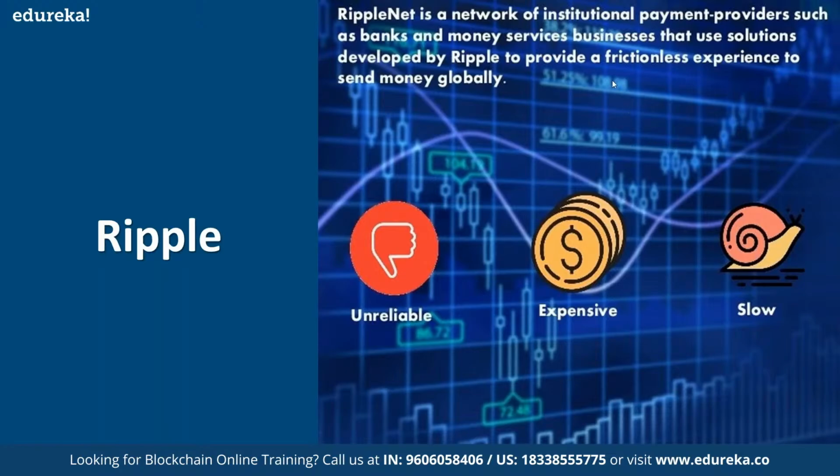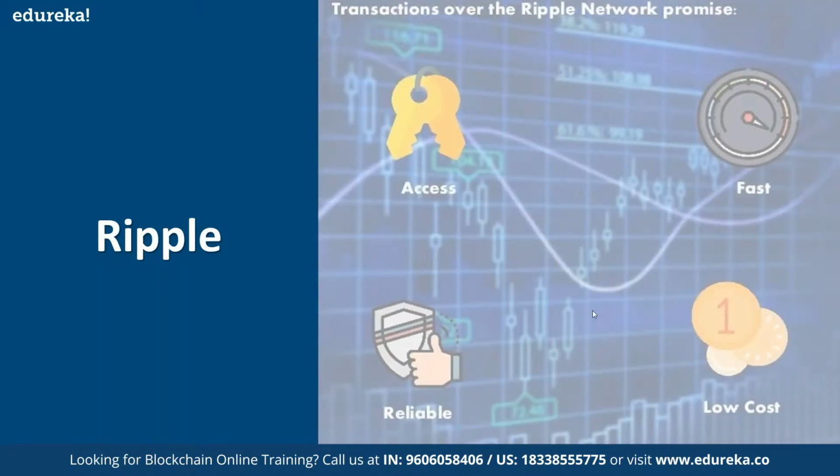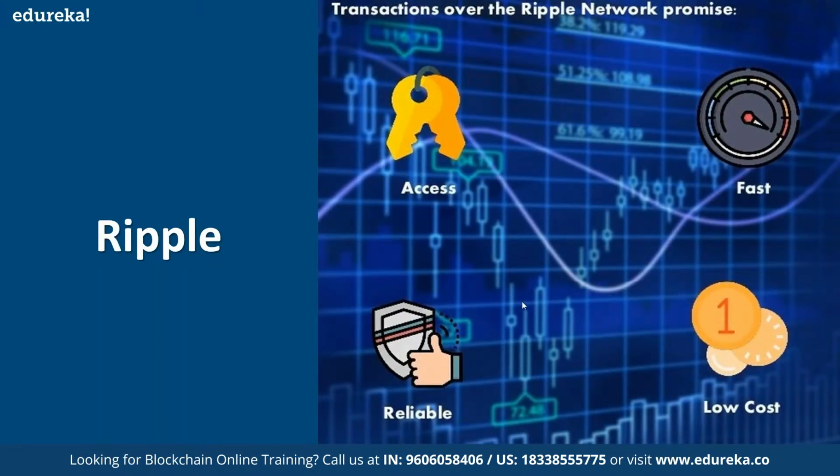In this scenario, various banks and money services businesses use this solution developed by Ripple to provide a frictionless experience to send money globally. This helps in reducing the issues we faced earlier, such as cost. As a result, it's more reliable, very fast, easy to access, and importantly secure. Another feature is its low cost.